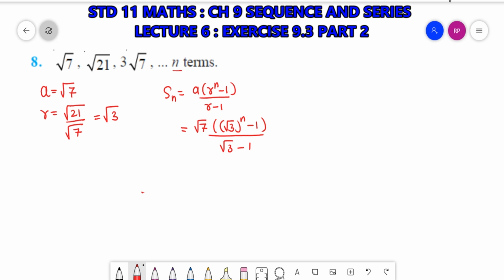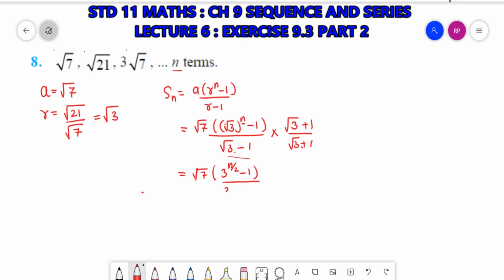Clear? Now see here, in the denominator it's root 3 minus 1. So let's divide it by the conjugate. Multiply and divide by root 3 plus 1. So this will be equal to root 7. Now square root means the power will be 1 by 2, and here it's n. So n into 1 by 2 will be n by 2, minus 1, upon root 3 minus 1 times root 3 plus 1.